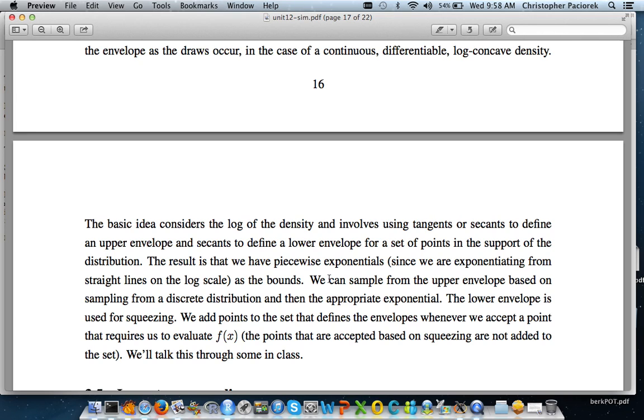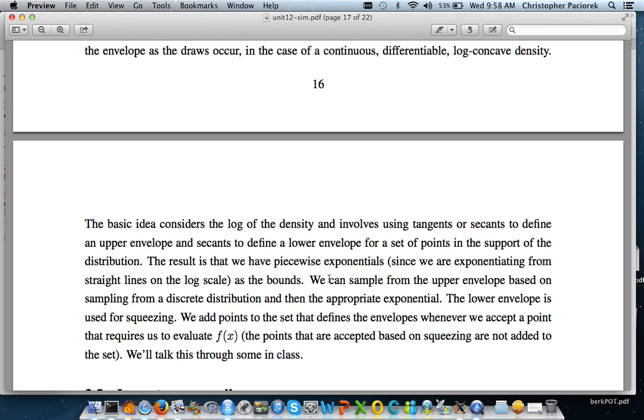So if I don't accept otherwise, I'm going to say, is u less than or equal to the actual f of x divided by the upper bound of x? And if so, then accept, and add x to my set of points s.